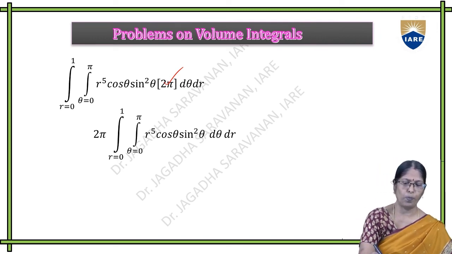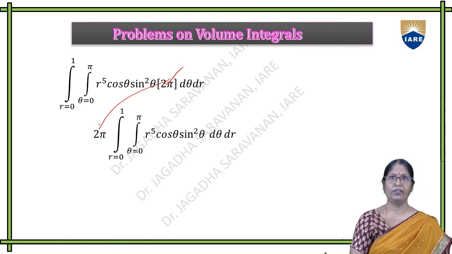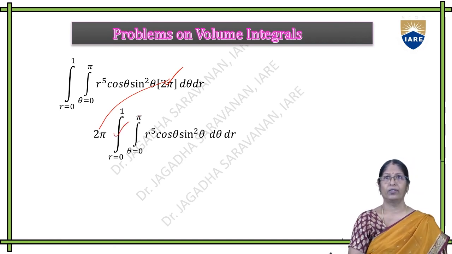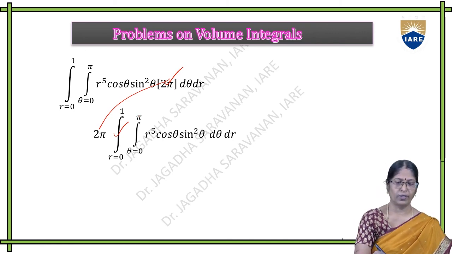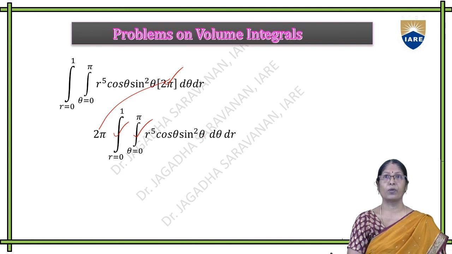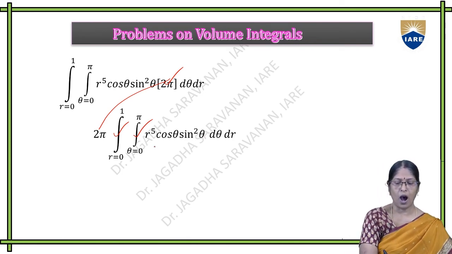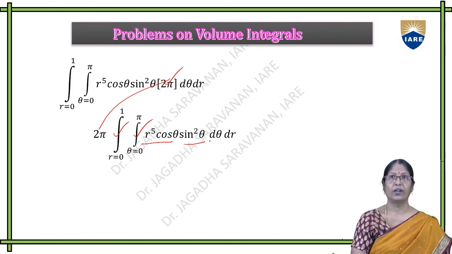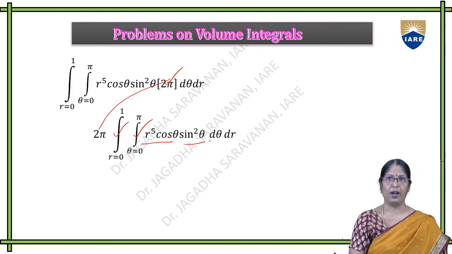Next, this 2 pi we bring outside. This is the outermost integration from r equal to 0 to 1. This is the middle integration from 0 to pi, r power 5 cos theta sin square theta d theta dr.